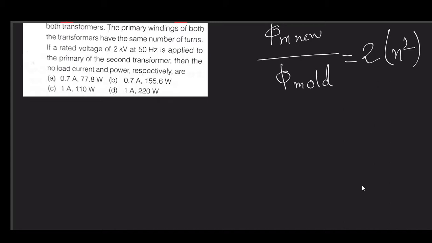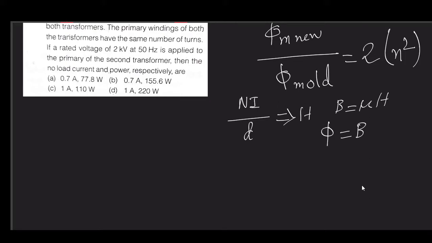If we take N i by D, that will give us H, or the magnetic field intensity. And what we know, B is equal to mu H, and if we want to find out flux, then phi is equal to BA, right?